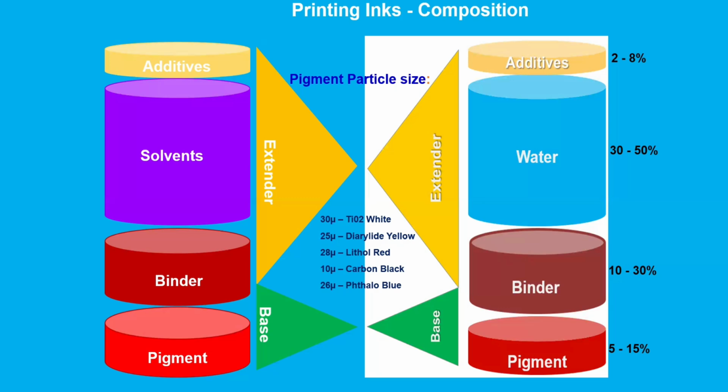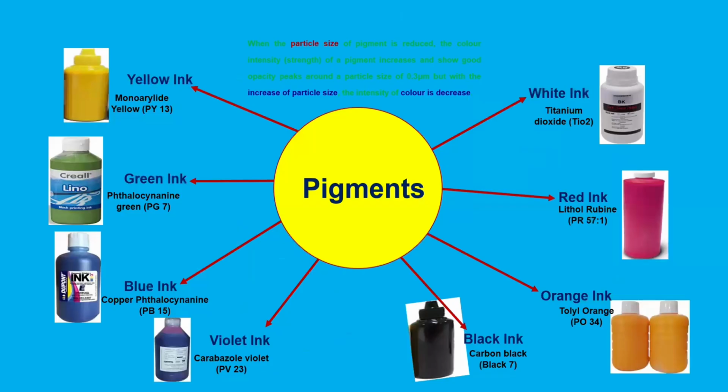If you need a higher viscosity ink, you can reduce the solvent ratio inside the formulation. And if you need more adhesion, you can increase the binder percentage. This is the composition of liquid inks.